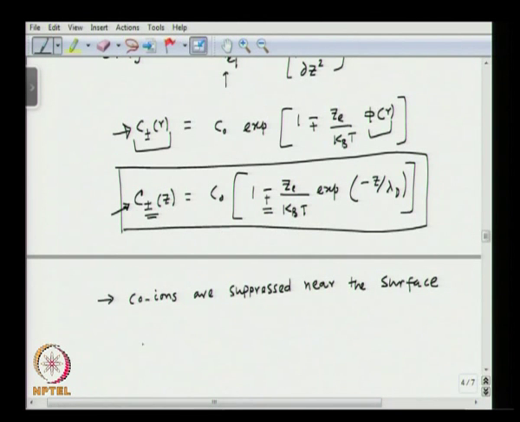Co-ions are suppressed near the surface and the counter ions are enhanced near the surface.